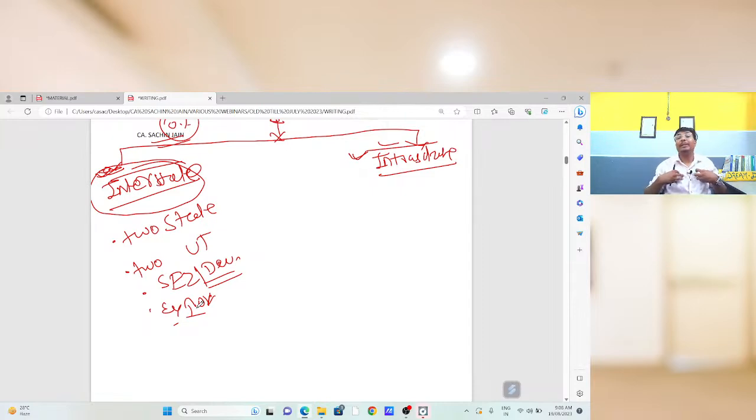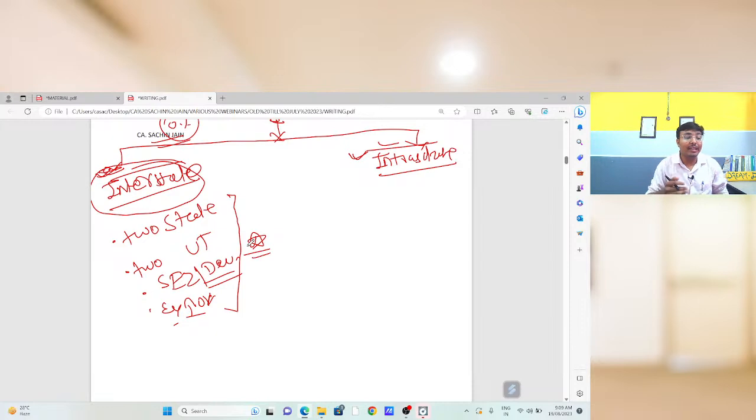Now, it depends on me whether I make that export with payment of tax or without payment of tax under bond or LUT. We are going to discuss the concept of export in detail as well. So these four types of supply are to be considered as interstate supply.